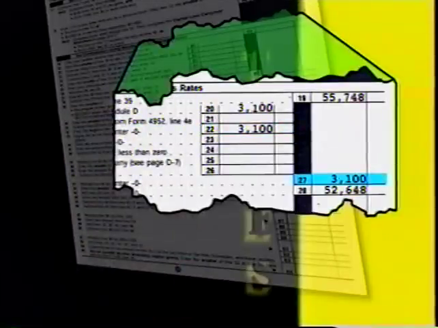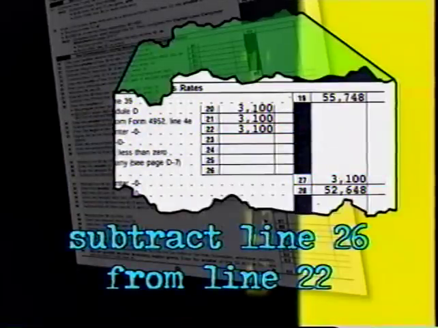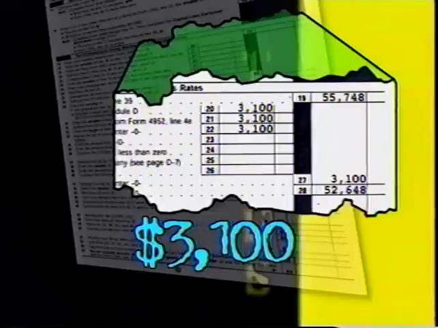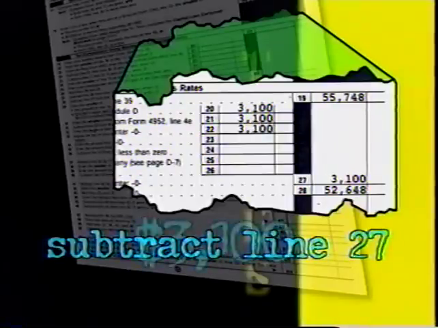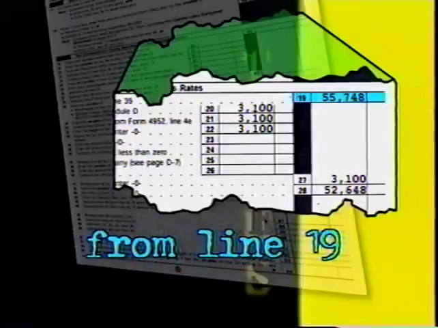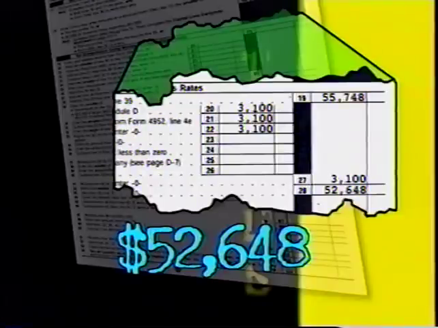Line 27 says to subtract line 26 from line 22. It's $3,100. Line 28 says to subtract line 27, $3,100, from line 19, which is $55,748. This gives us $52,648 on line 28.